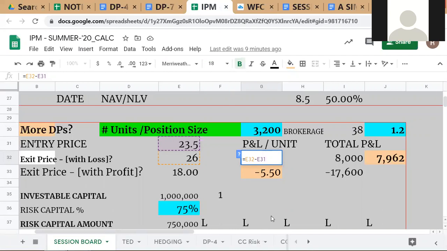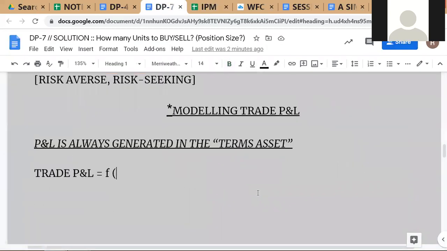You have to understand that when we write this, we multiply by units also. Total multiplied by the number of units. So conceptually what we have to visualize here is that this is actually exit minus entry in brackets times 1. So 1 is the position size because we have done this calculation for one unit. That is what we have to understand.